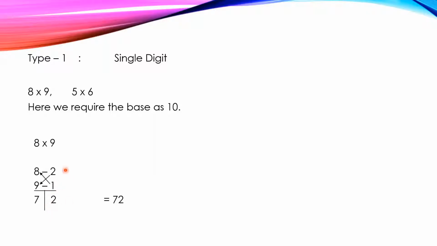Now we can either subtract 2 from 9 or subtract 1 from 8, which means we have to cross subtract. In both the cases, we will get our answer as 7, and we write the subtracted answer here in this partition. Now, see what these two numbers form. Yes, these form 72. This is how we can solve this.